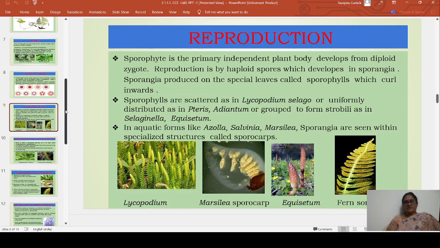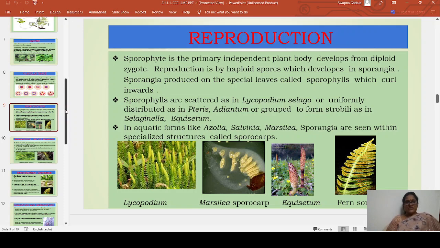Sporangia are produced on special leaves known as sporophylls. The tips of the sporophylls will generally be curled. So here, reproduction in general happens by spores. They develop in the sporangia, and these sac-like structures are generally present on the ventral side of the specialized leaves, which are known as sporophylls.